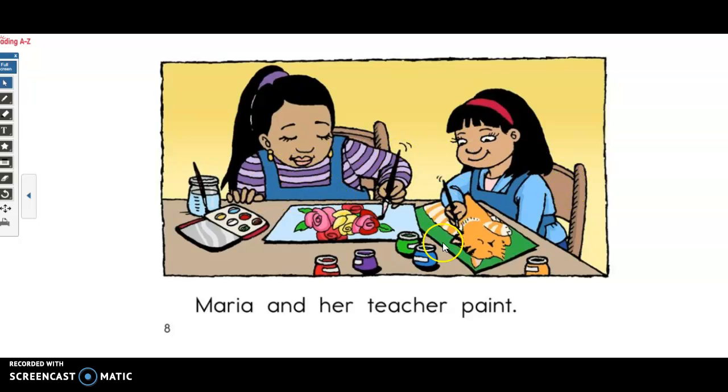And together they are painting. They're painting pretty pictures. So I think it's really cool that Maria's teacher sits with her and does art with her. That's a really fun thing to do together. Again, I notice that they're smiling and they're looking at their work and working hard.